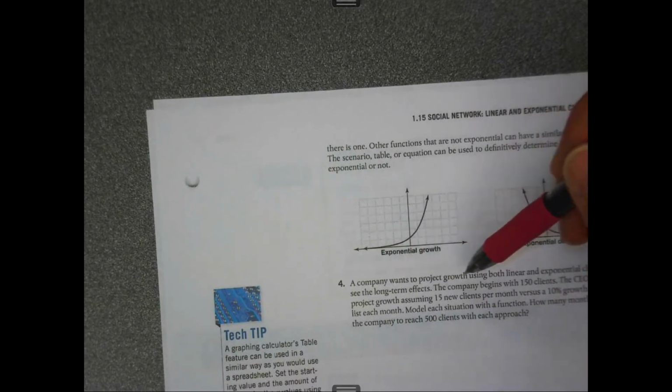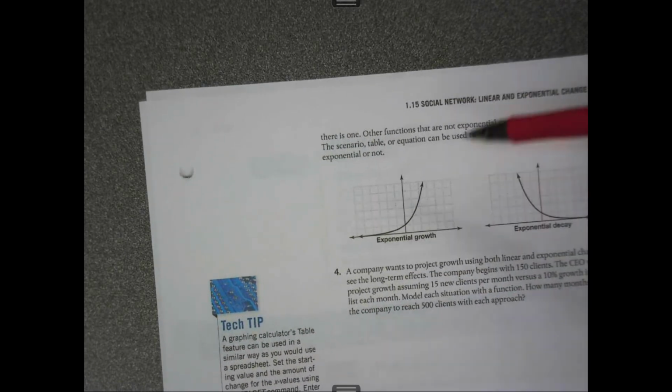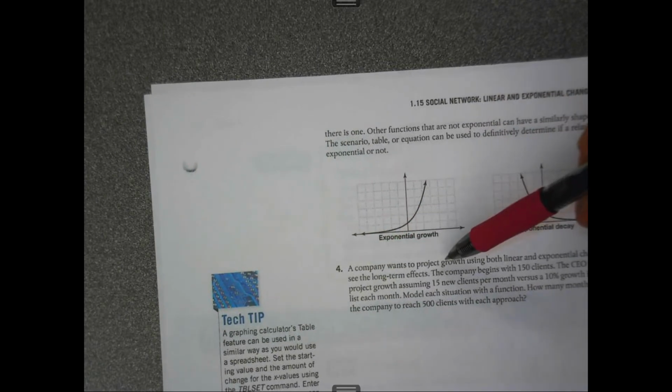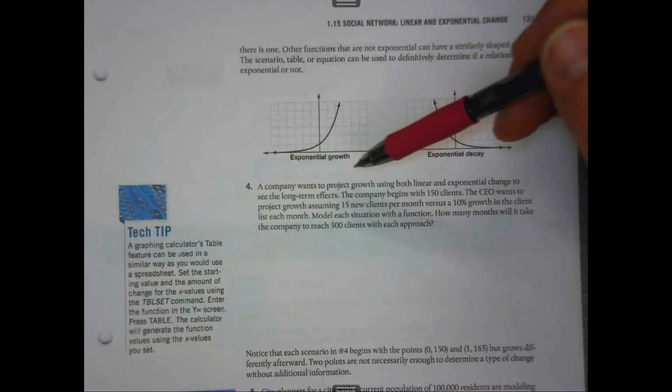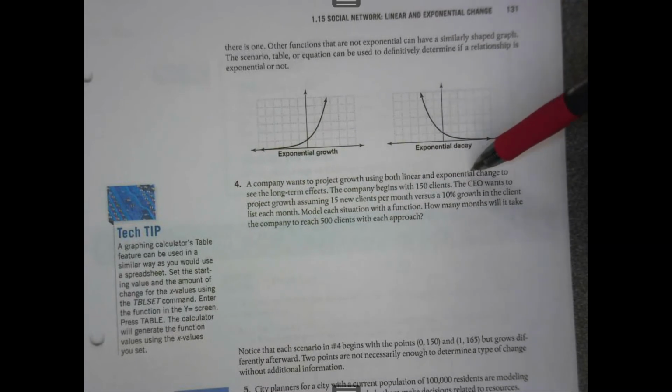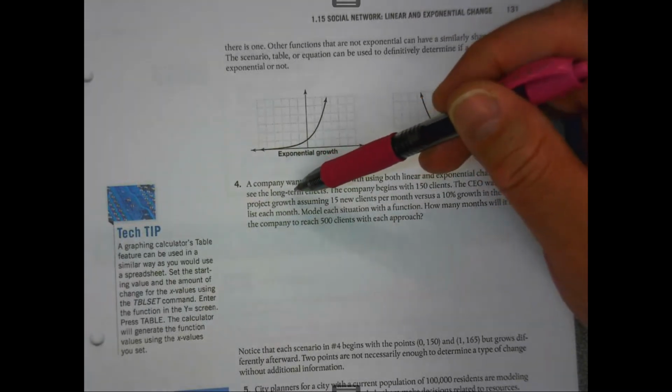They're just stating here, some functions are not exponential, but can have similarly shaped graphs. Okay, let's look at number 4. A company wants to project growth using both linear and exponential change to see long-term effects.